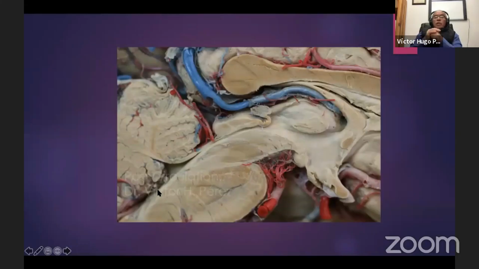Here we have another picture in which we can see these small branches coming from the tip of basilar artery and P1. They are coming from these segments of the posterior circulation and give irrigation to this important part of the brain stem.